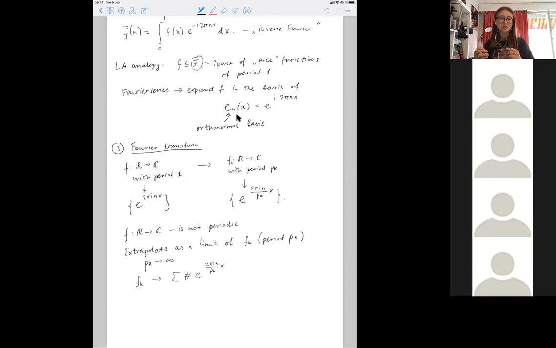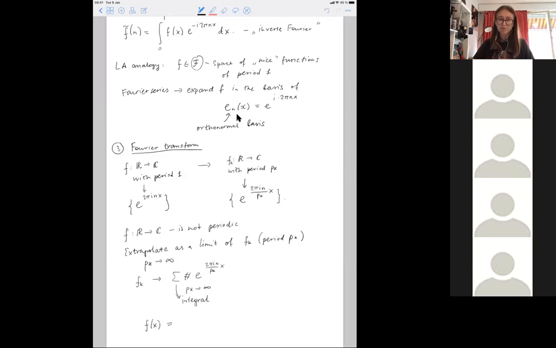And essentially in the end, when we arrive at the function f itself that we want to represent, which we can view as a function which has a period of infinity, this sum in this continuous limit just turns into an integral, as p_k goes to infinity.